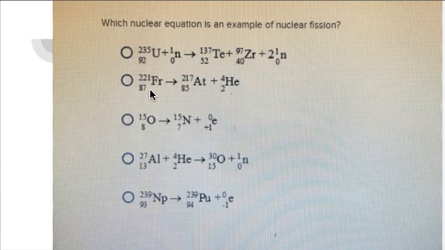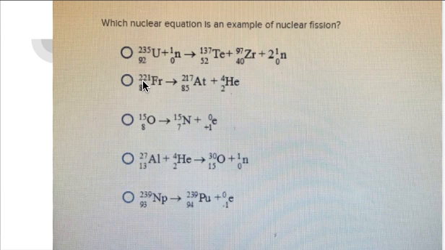Our next one, we have one atom to another and helium. So you have to think, what is taking place here? Is it going from 1 to 2 for fission, splitting apart, or is it going from 2 to 1 and fusing together?